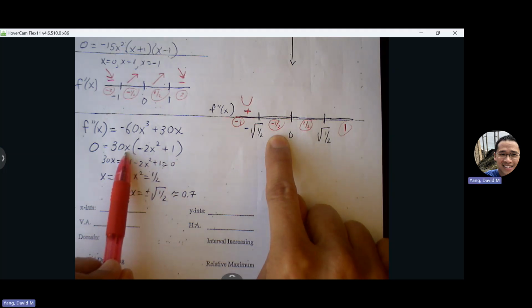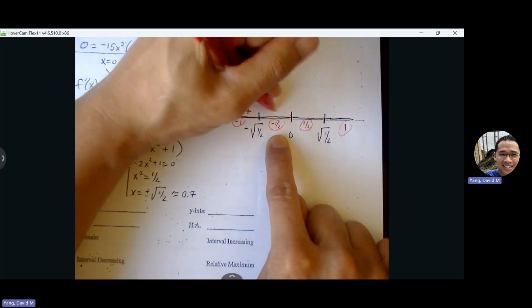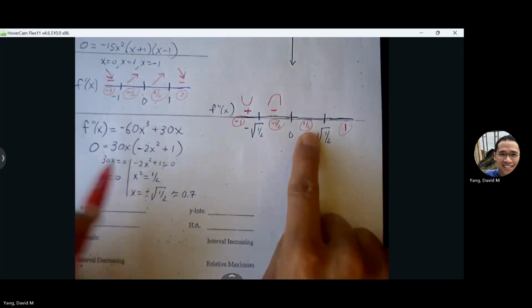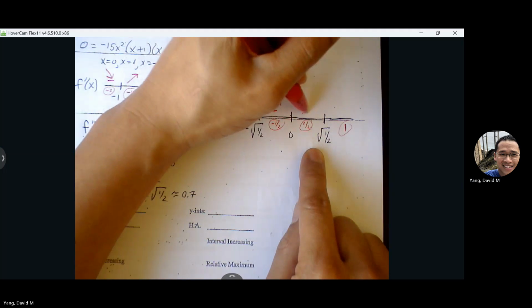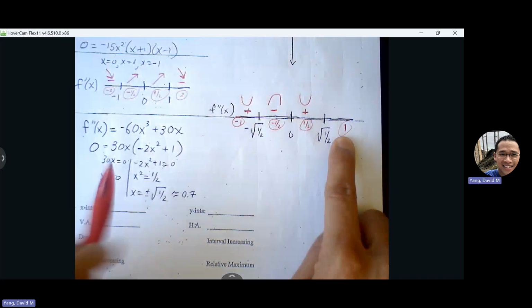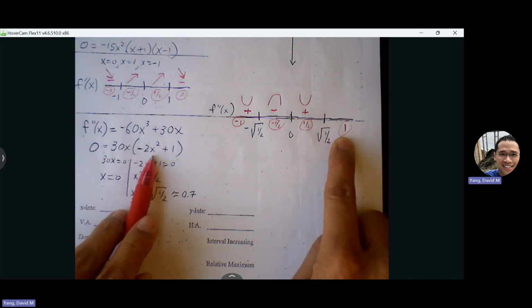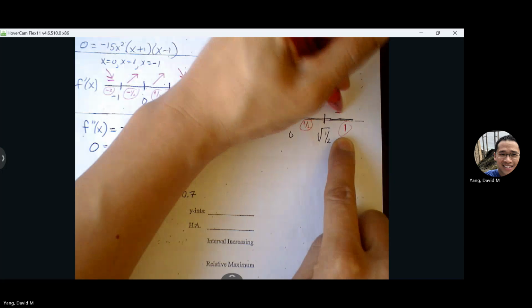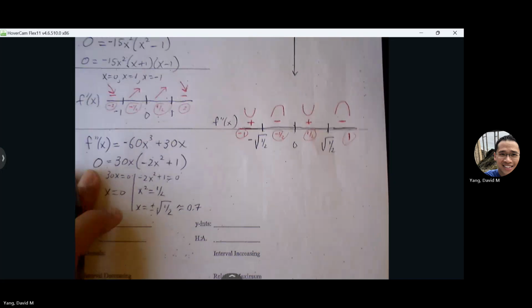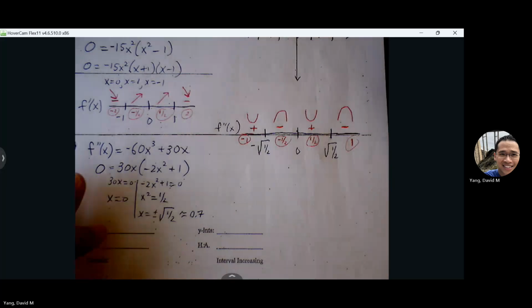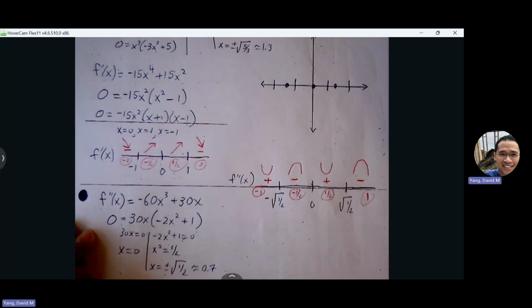So there's only going to be 1 negative that shows up. So stay negative. Positive 1/2, positive, positive, positive. Positive, positive, negative. Okay, any questions so far?